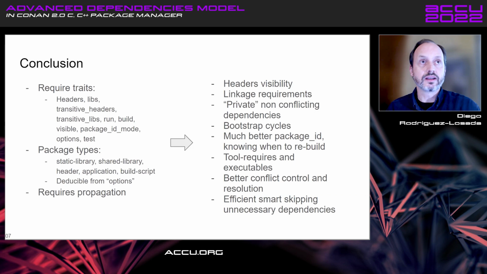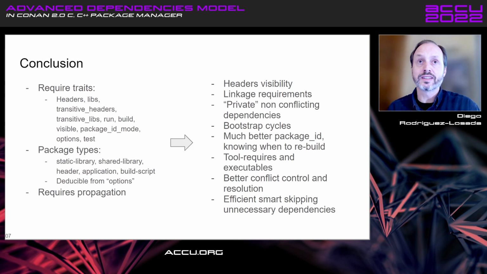Second, to cope with the complexity that could arise from only the requirement traits, the package types solve 90-something% of the cases and will not add extra complexity to your recipes.